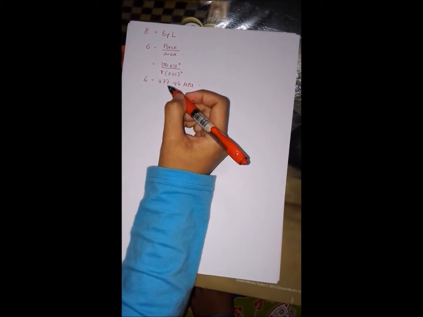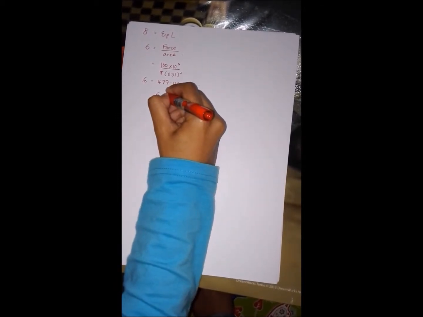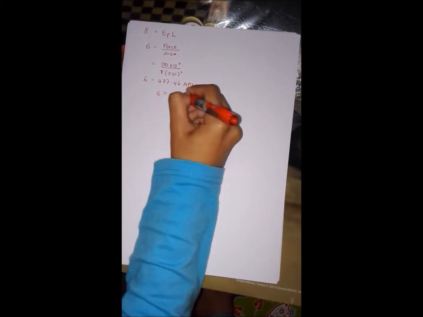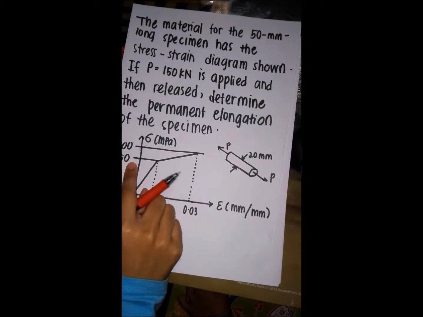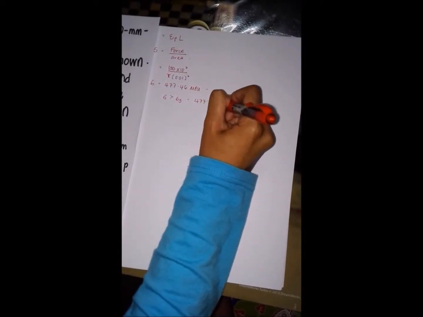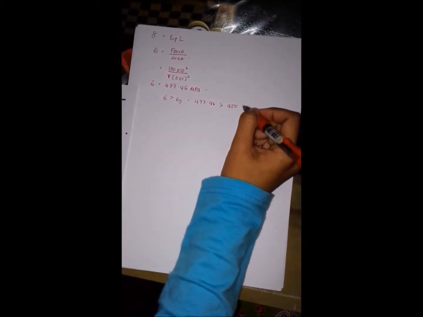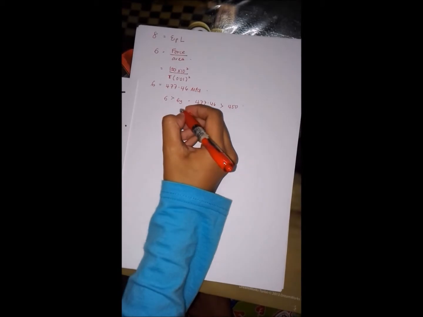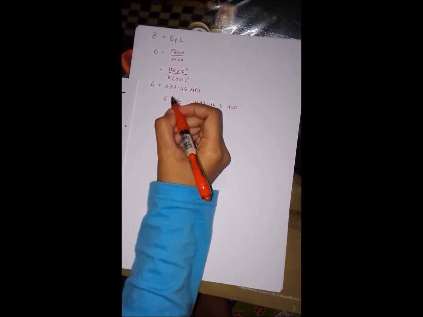Since the normal stress is more than the yield stress, we cannot use Hooke's law. Then we have to make the interpolation between the strain and the stress.